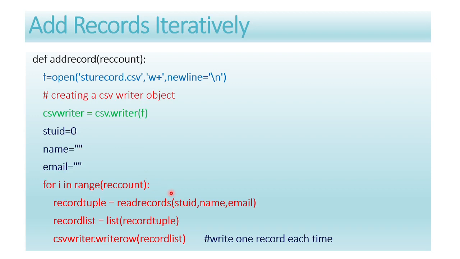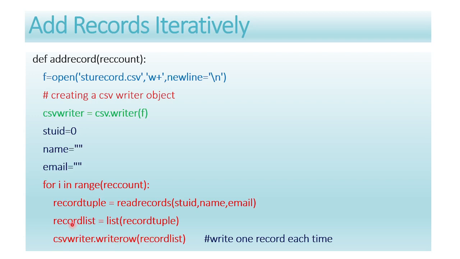Then create the loop. The number of iterations of the loop is rec_count. Read the records one by one with fields student ID, name and email, and assign them to a tuple. Then convert the tuple to a list using the list function and assign it to a variable rec_list. Then write the rec_list using writerow of the CSV writer object.